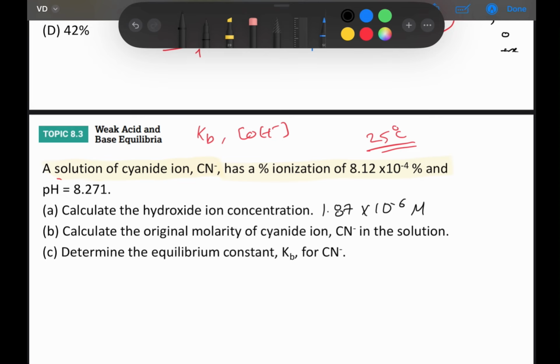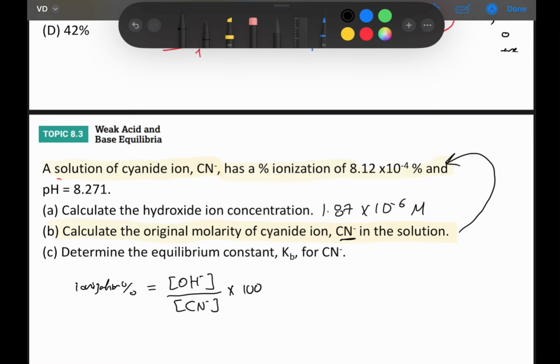B says, calculate the original molarity of CN in the solution. The original molarity of CN is determined by the given information, which is the percentage of ionization. So we can say that the percentage of ionization is equal to the concentration of OH over the original concentration of CN multiplied by 100.